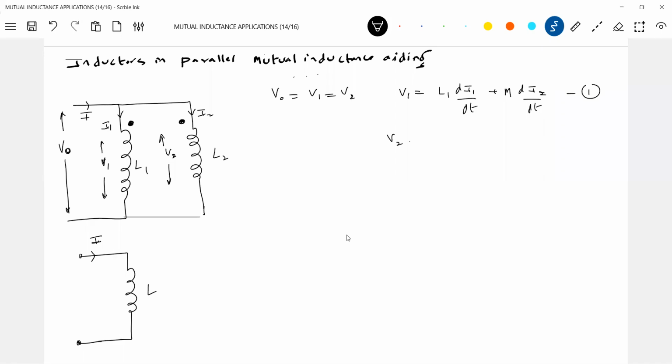Similarly, what is the expression for V2? L2 di2 by dt plus M di1 by dt. And as they are parallel, V1 equal to V2, so equating 1 and 2, L1 di1 by dt plus M di2 by dt equals L2 di2 by dt plus M di1 by dt.